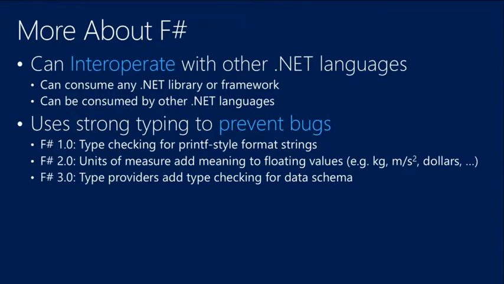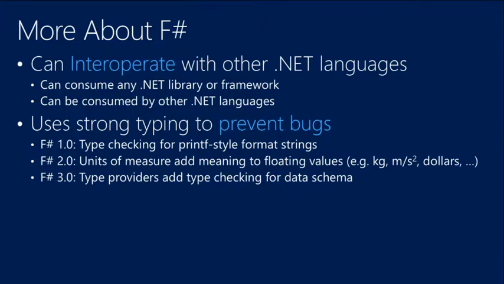And then maybe my application UI is written in a different language that lends itself much better to UI. And maybe my unit tests are written in yet a different language. And so I really strongly adhere to this idea of using the right language, the right tool for the job. You can write your entire application in F#. It's totally possible. It's a complete .NET language. But I really like to push this idea of using the right tool for the job. And we'll see some of that later.